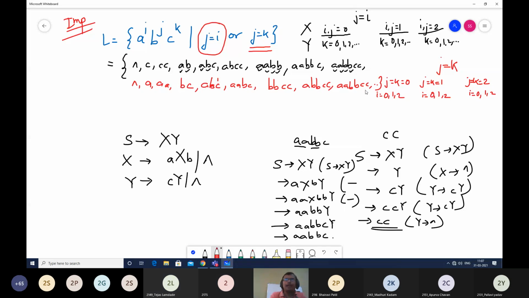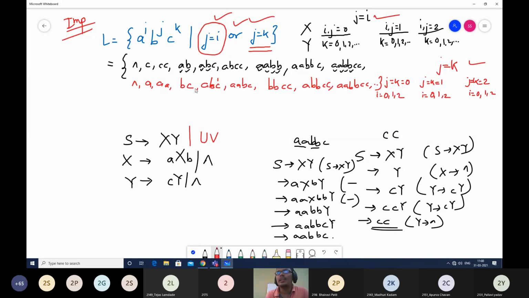Now, if I want to write grammar for this part, I can create an OR for this over here. This XY is the pattern for J is equal to I. So this is this or this. For this pattern now, I'm writing OR here with another non-terminal UV. Now what will U indicate?